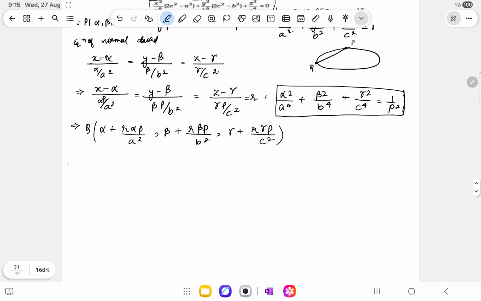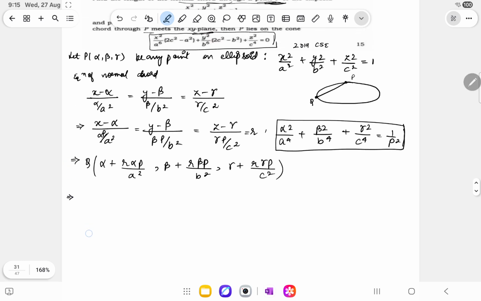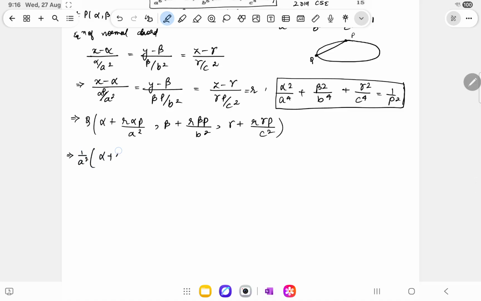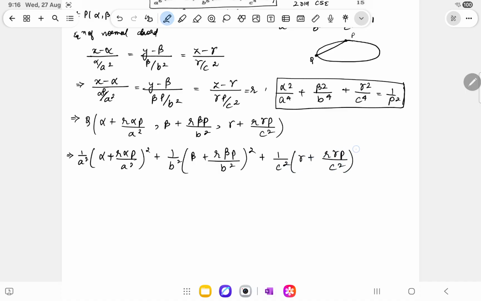So using that, if I substitute this value of Q in the given ellipsoid, I'll get 1 by a square into alpha plus R alpha P upon a square whole square plus 1 by b square into beta plus R beta P upon b square whole square plus 1 by c square into gamma plus R gamma P upon c square whole square is equals to 1.